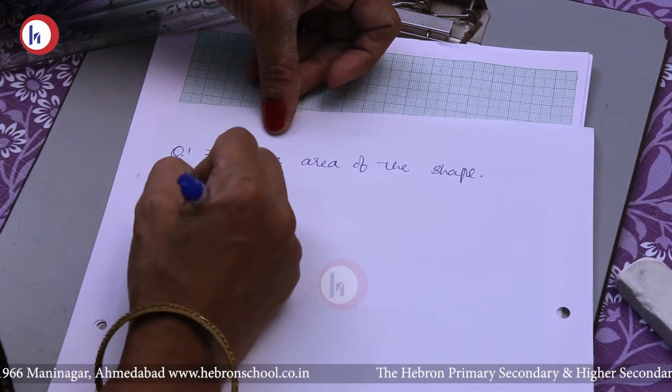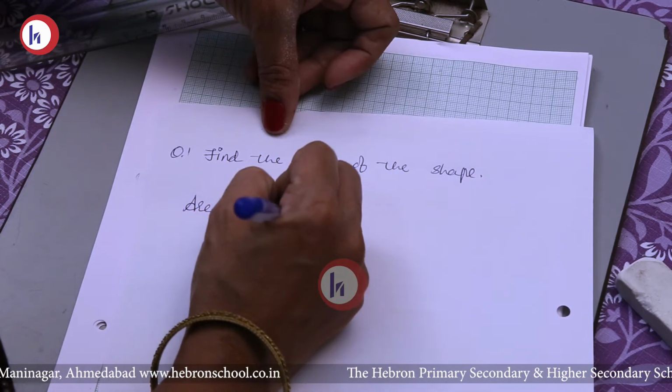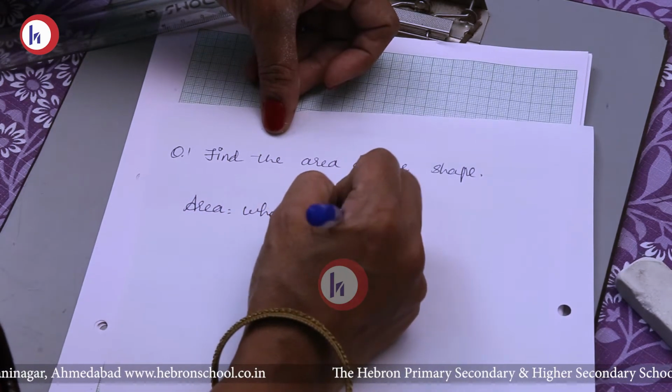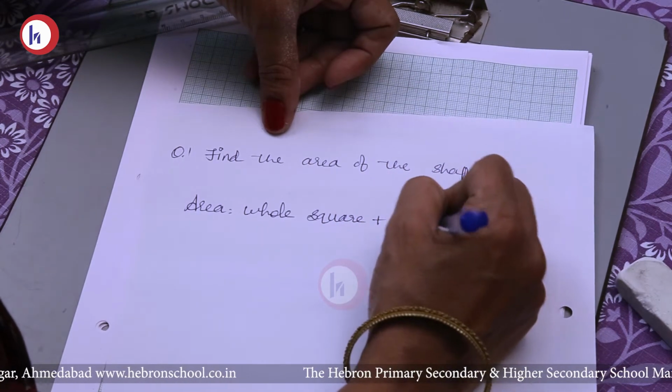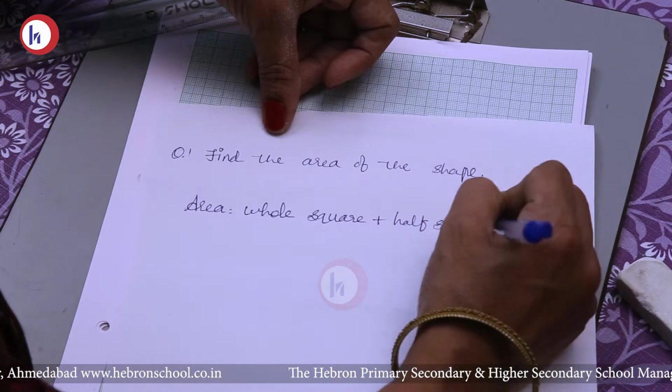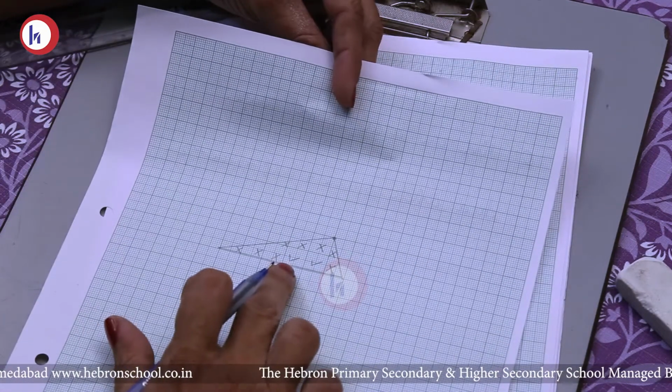Okay. Area is equal to whole square plus half square divided by 2. How many whole squares? Yes, 1 and 2.